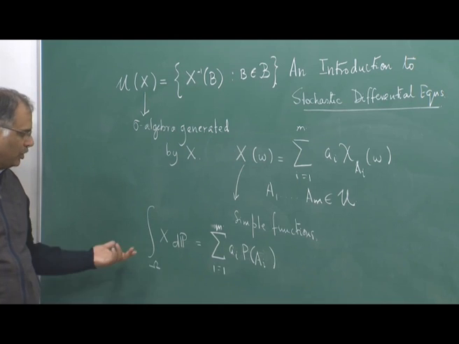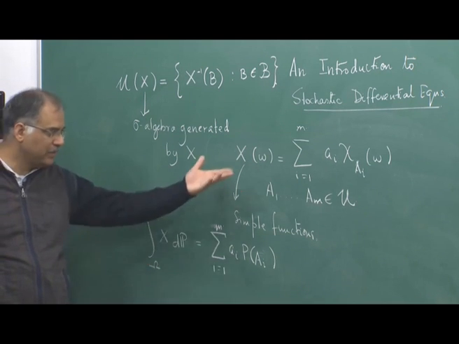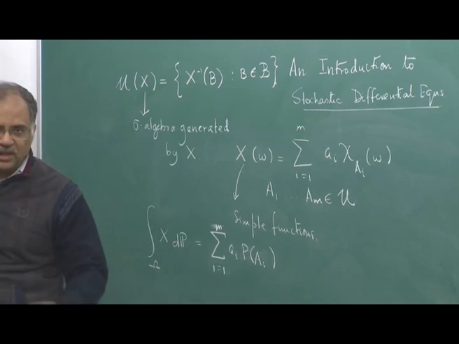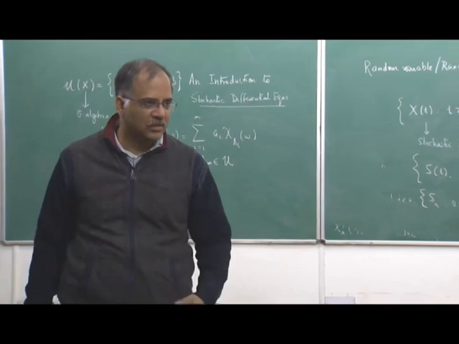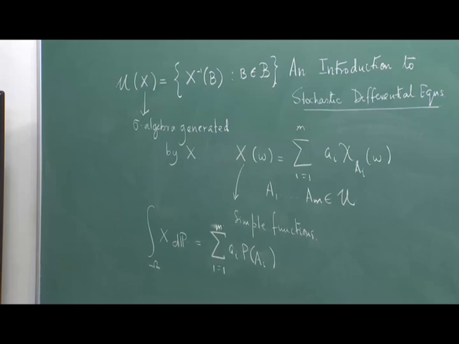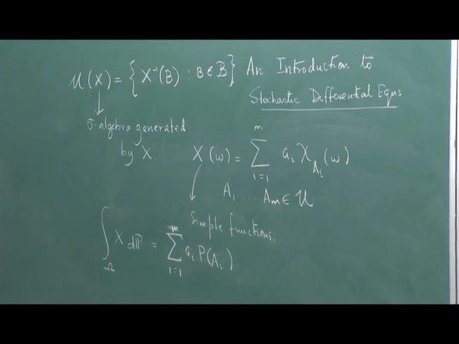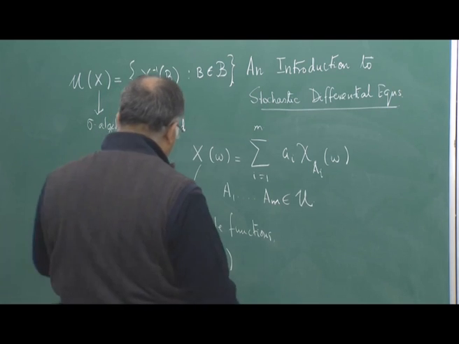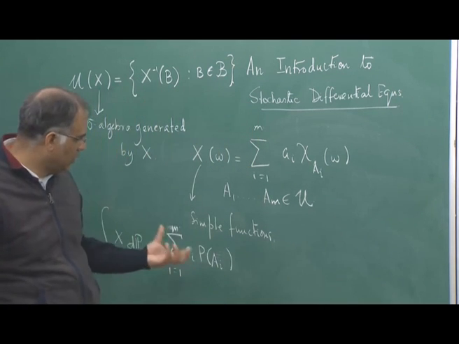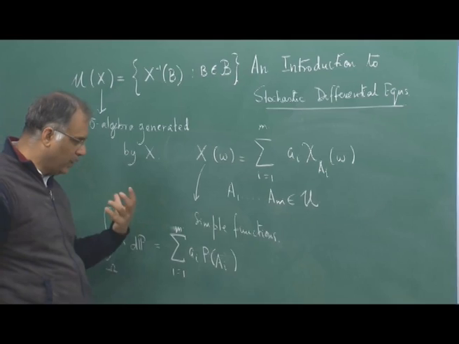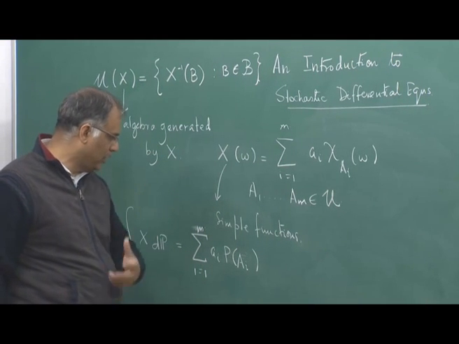But this is for a very simple setup, essentially a discrete situation, where you break up the whole thing into A_1, A_2, ..., A_n, and these take the values a_1, a_2, ..., a_n, and the rest of the values are 0. So, I do not need other parts except the parts which are within A_1 union A_2 union ... union A_m.